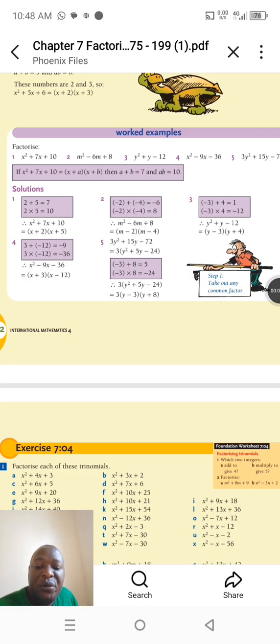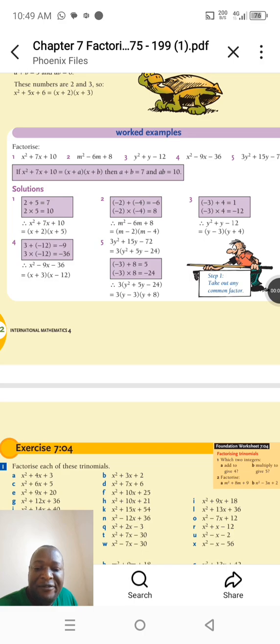So two numbers whose product is 8 and whose sum is negative 6. When you try to identify them, you'll find that they are negative 2 and negative 4. So negative 2 plus negative 4 gives us negative 6, that is the sum. And negative 2 times negative 4 gives us 8, which is the product.